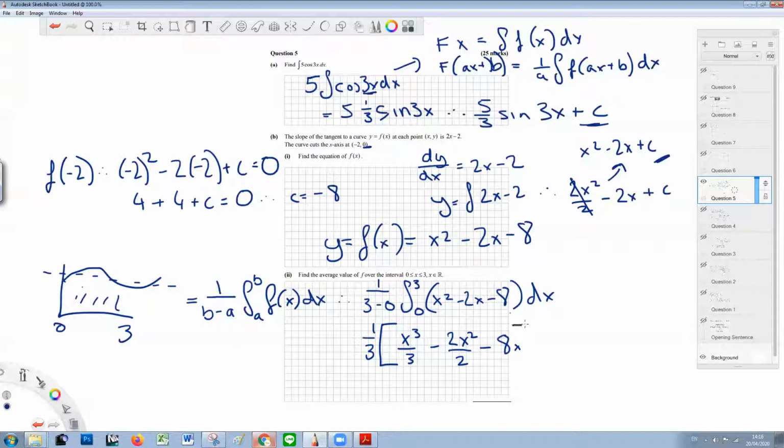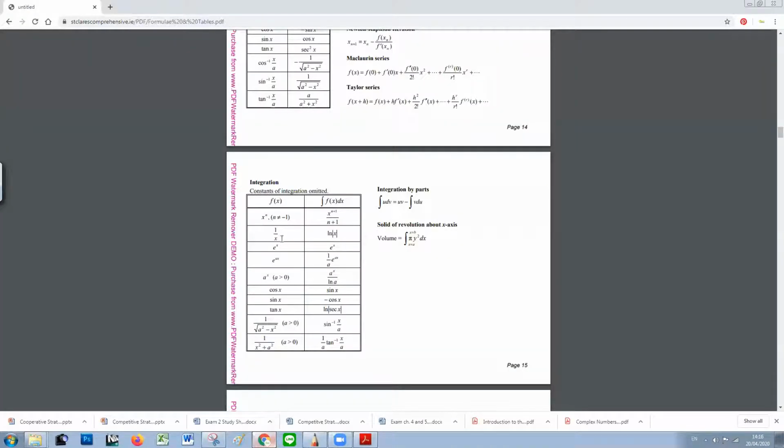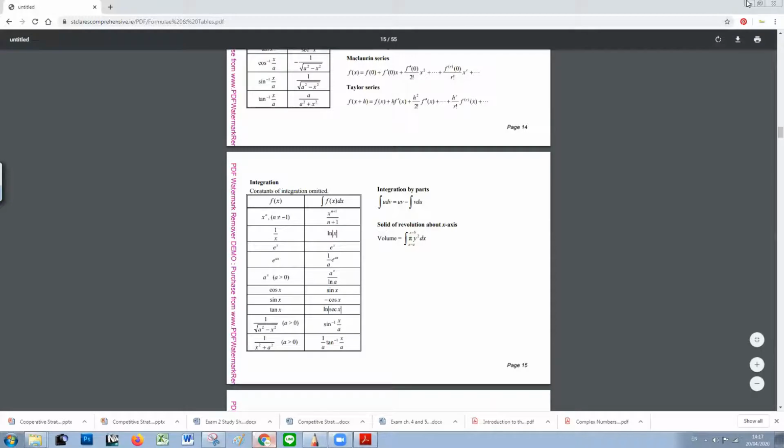Again, I'm assuming you know how to integrate pretty well, so I'm not going through it, but if you didn't know how to do this, you would just work it out like this. x to the n, so x squared becomes x to the n plus 1 over n plus 1, which in that instance is x cubed over 3. That is your answer.